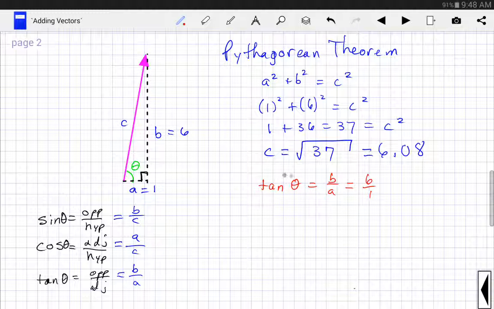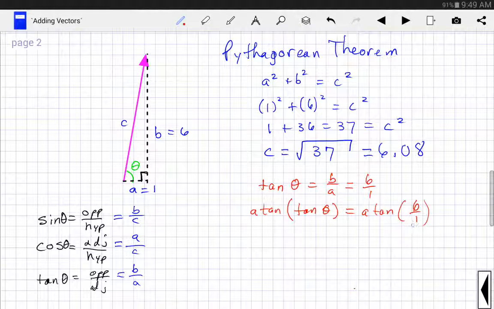So if I do arctangent on the left side, I have to do it on the right side. I can't just do it to one. So I will have arctangent of tangent theta is equal to arctangent of 6 over 1. So how do I get my angle? Well, remember, arctangent on tangent gives you theta because they're inverse functions. They undo each other.